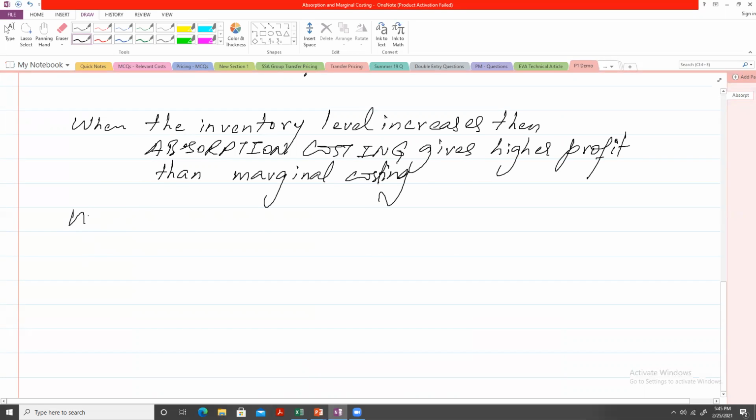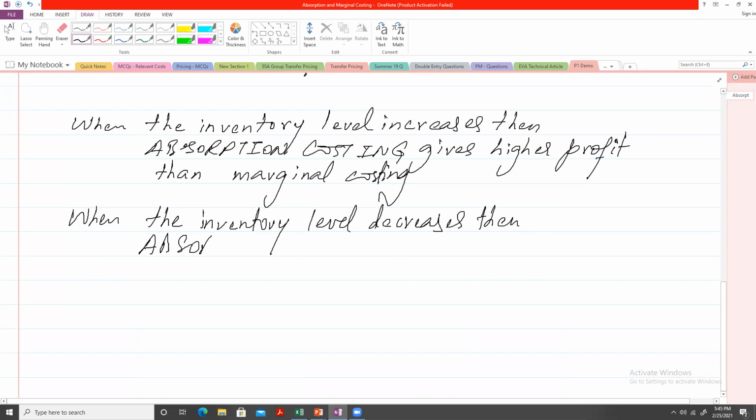Now, when the inventory level decreases, then the opposite happens.